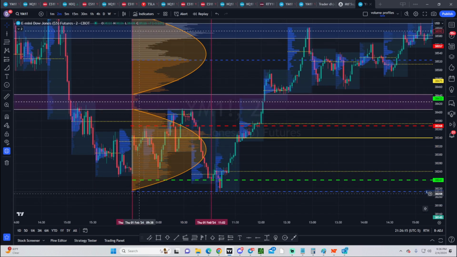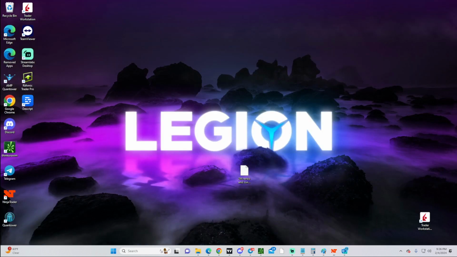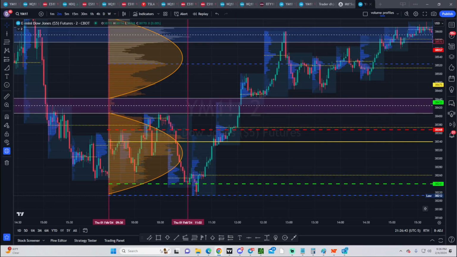Wow, this is equally, I don't think I've ever seen this before, to be equally the same. It's pretty cool. So this is a double distribution. Distribution number one, distribution number two. It happens to be a B-shaped profile as well. So you can go back and read the definition of the different profile shapes and what they specifically mean when it comes to trading.